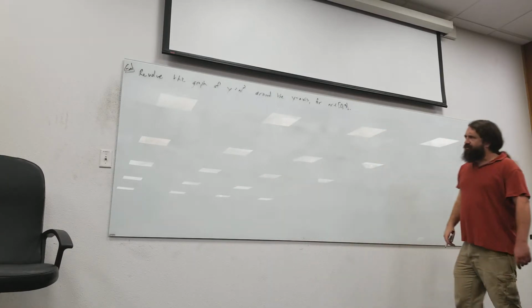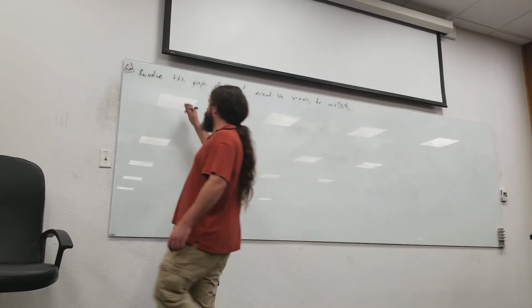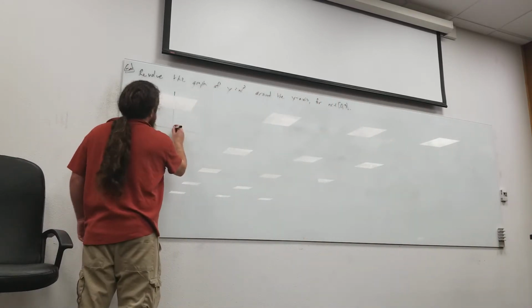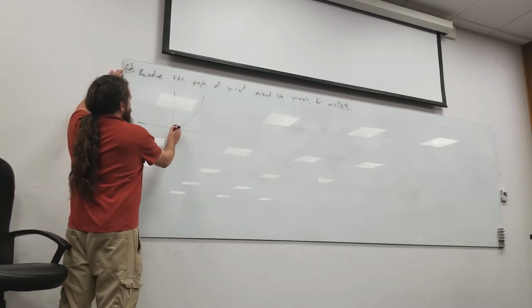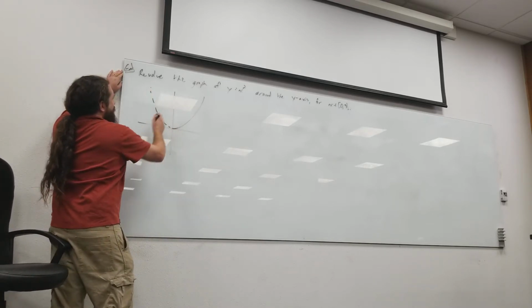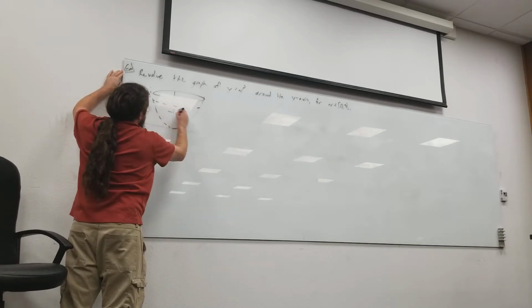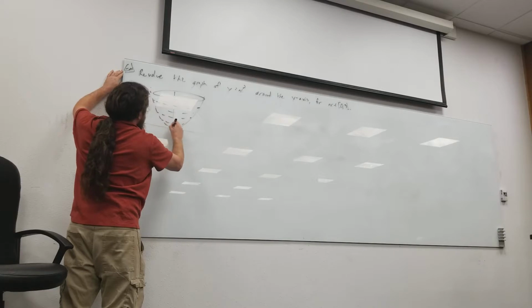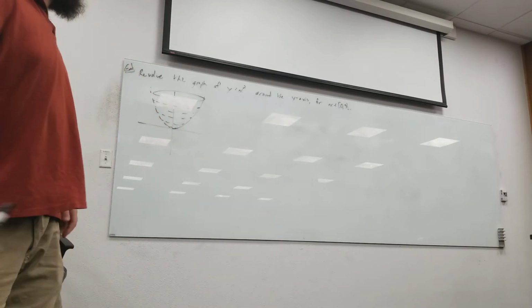Okay, so first of all, what is this thing going to look like? There's a parabola. Now if I revolve this thing around the y-axis, coming around this way, what I'm going to get is like a bowl, right? So I've got that kind of thing. So I'm finding the surface area of this soup bowl here.